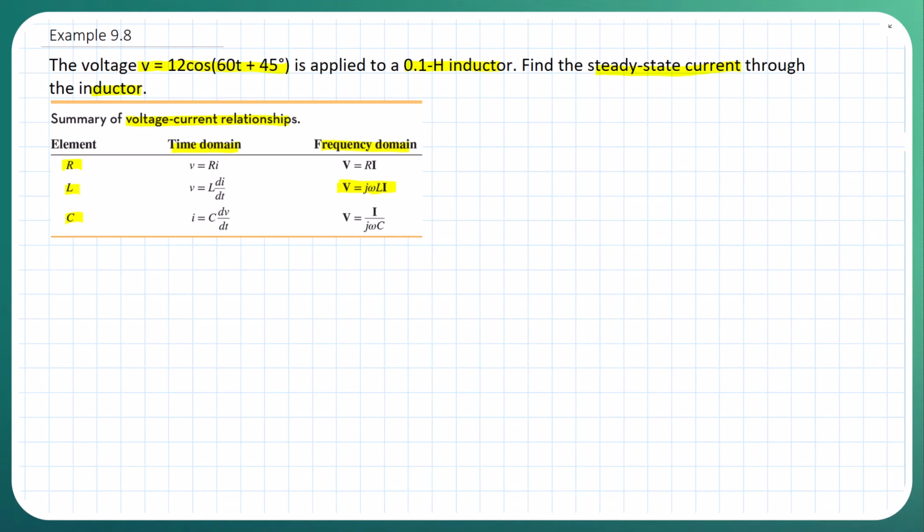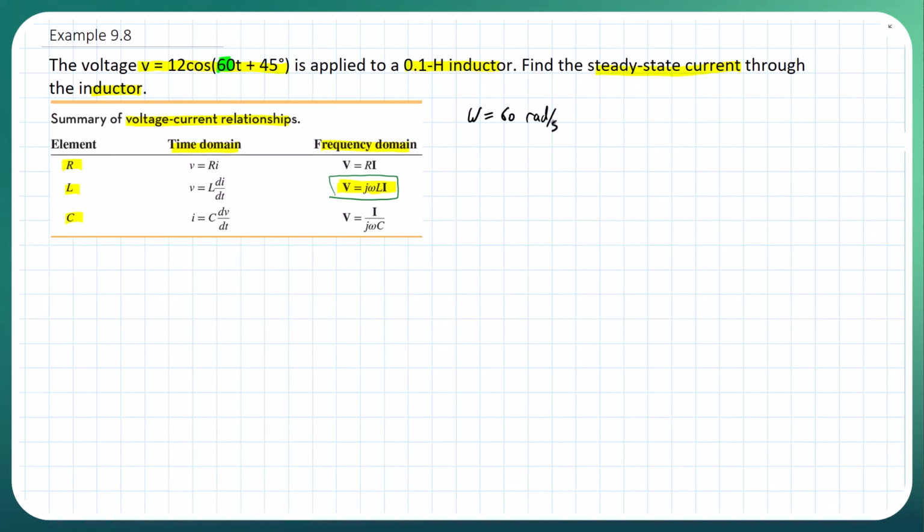So for the inductor, we know that V is just j omega L times I. Note, just like we did in other examples, our omega here is going to be 60, so I'm going to write it on the side: omega equals 60 radians per second.